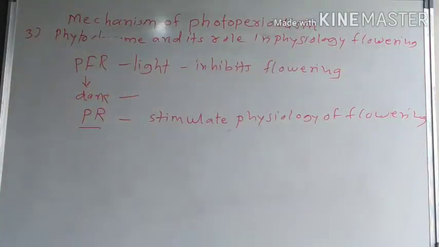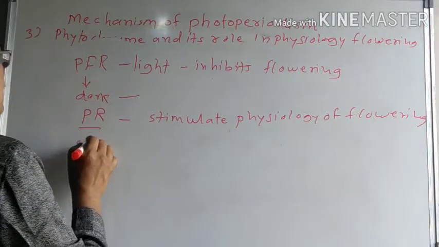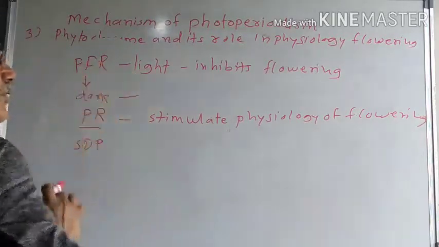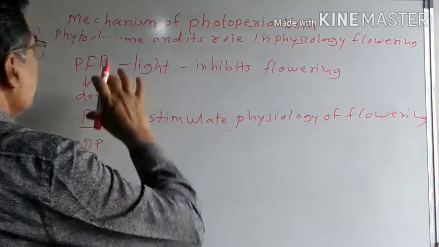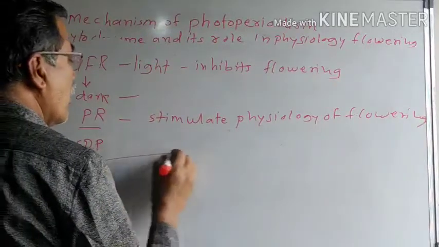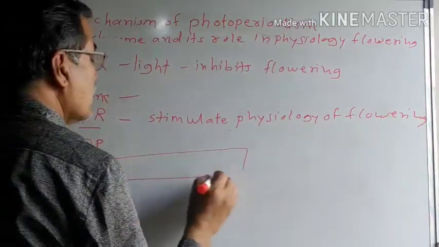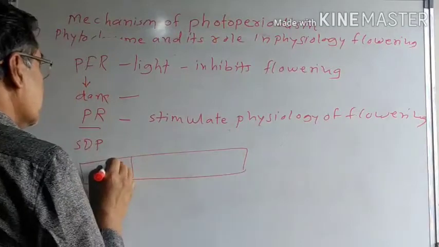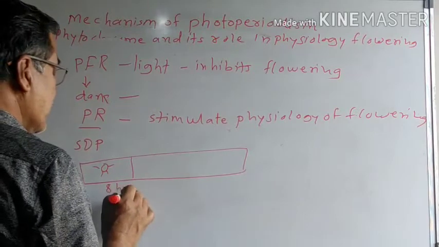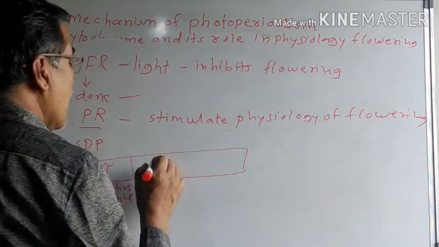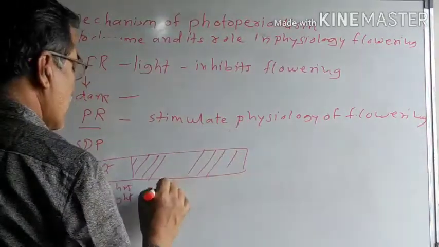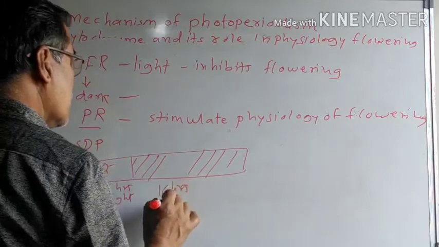When short day plants are exposed, the dark period is the important one. Short day plants generally receive 8 hours of light period and 16 hours of dark period.